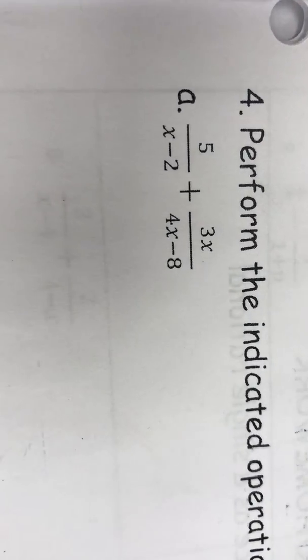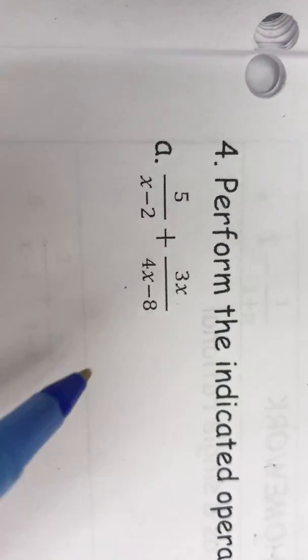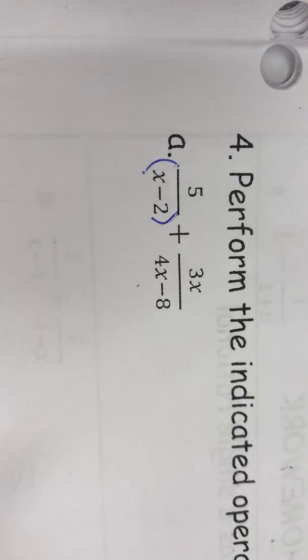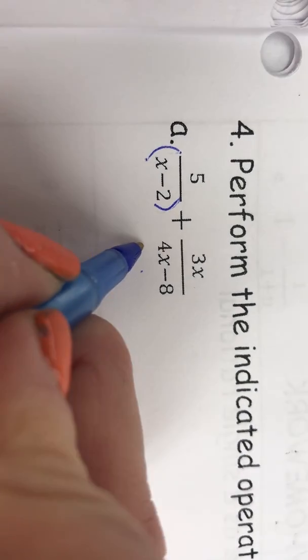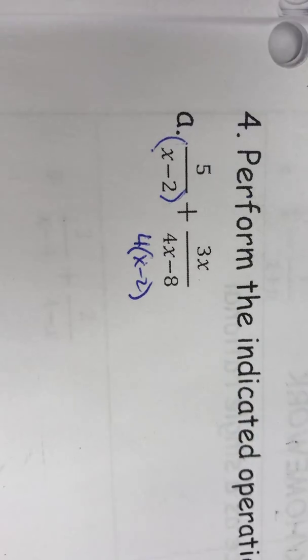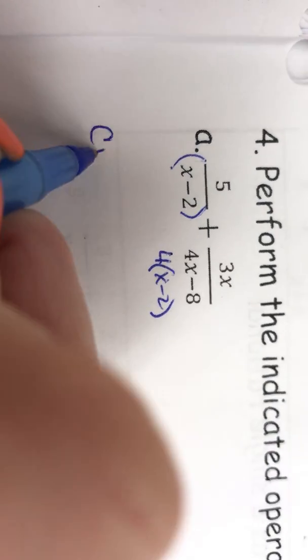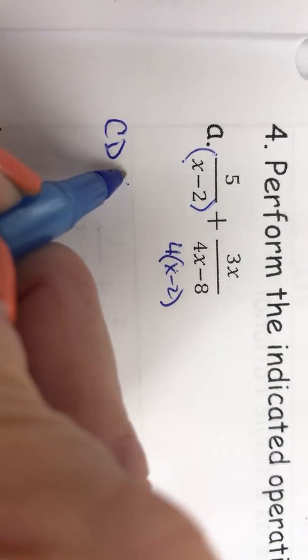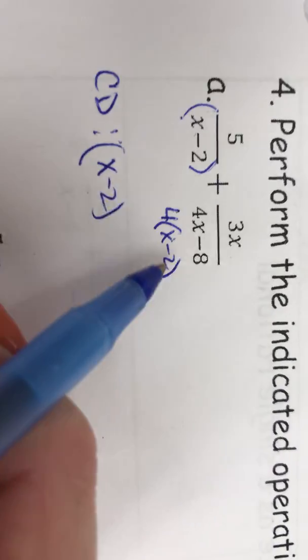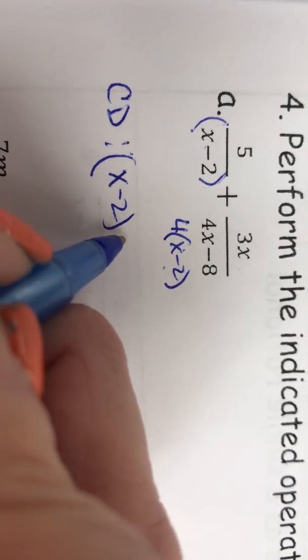Again, this is not factored. So this is factored. There's nothing I can do with it. But this is 4 times x minus 2. So for your common denominator, you need one of each part. This x minus 2 is already there, but it's missing the 4.